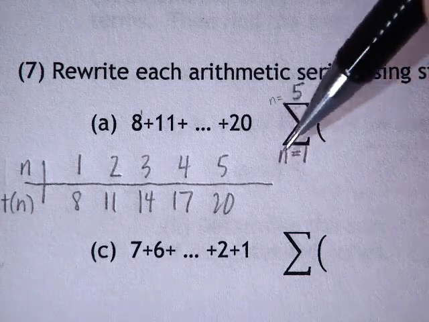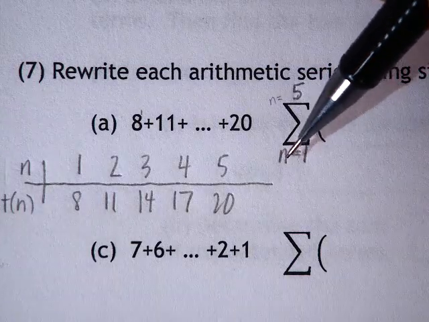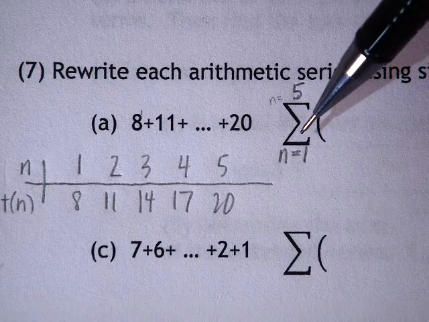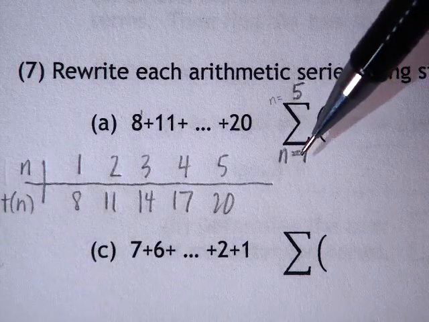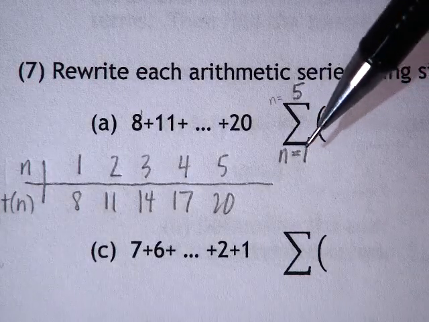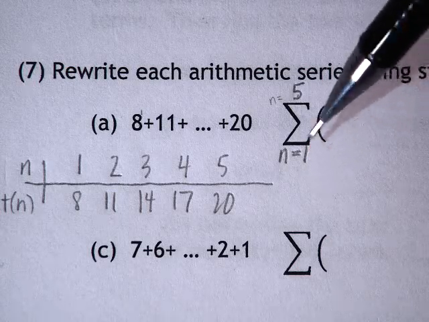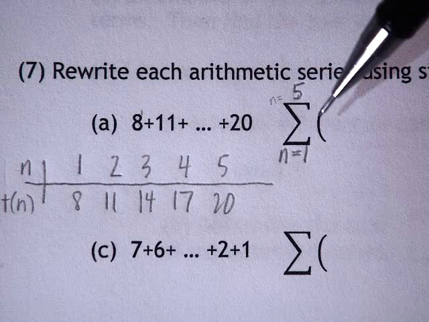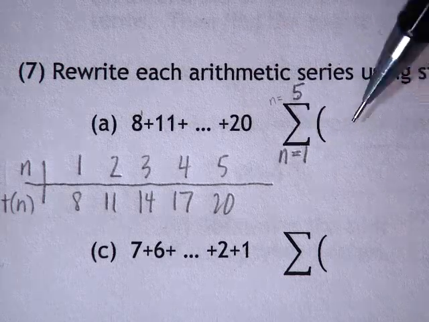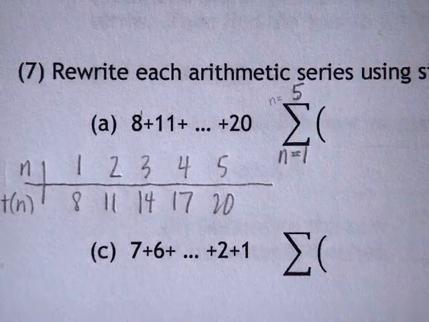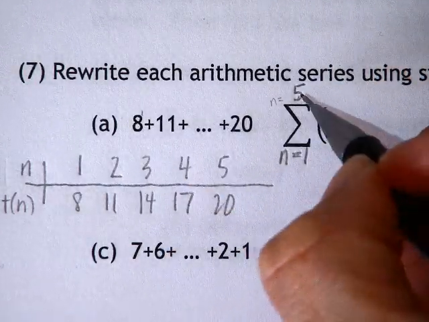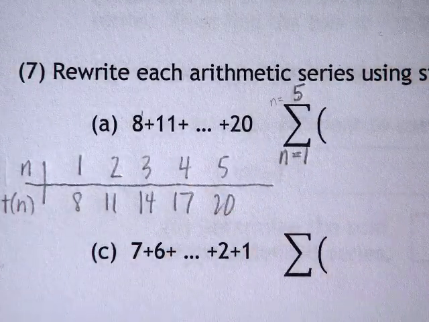Some sigmas in future classes might have i equals or j equals, so technically it's a formality, but having that n equals there is an important way of saying, heads up, the variable in this problem is going to be n, okay? It's a way of dictating that what you're writing in the parentheses is going to be in terms of n. Anyway, all that to say, it starts at 1, it ends at 5, and we'll label our sigma accordingly.